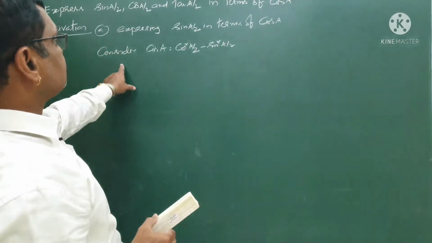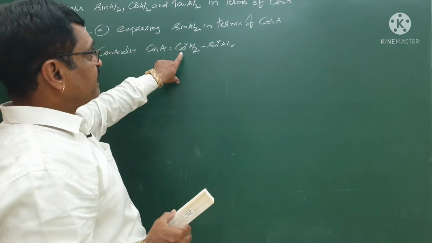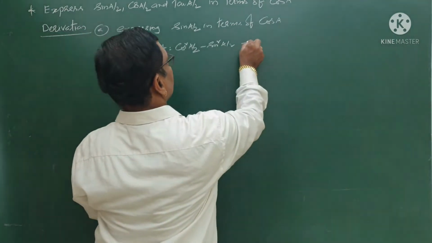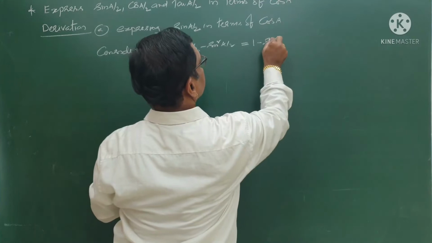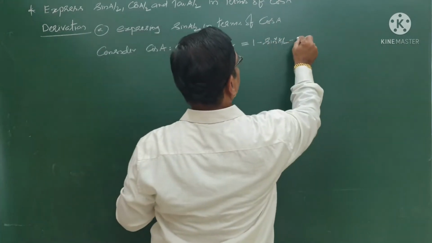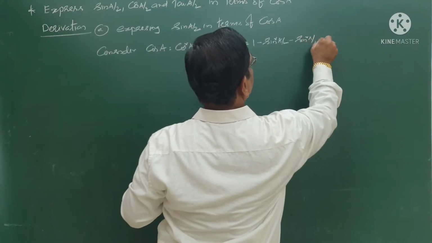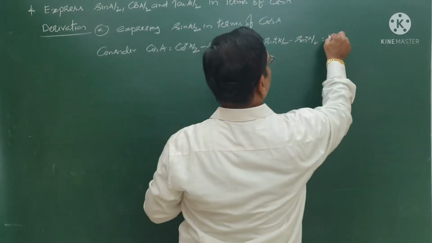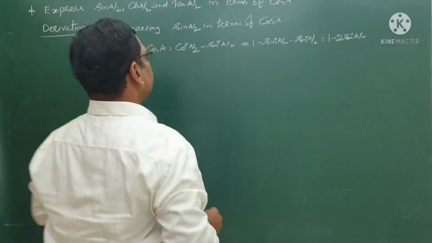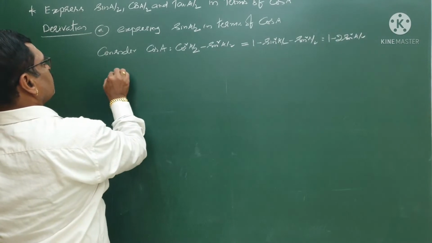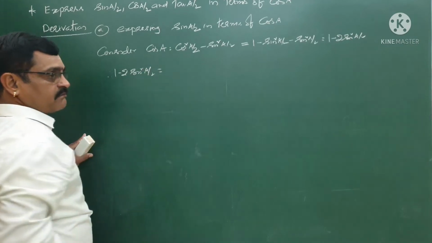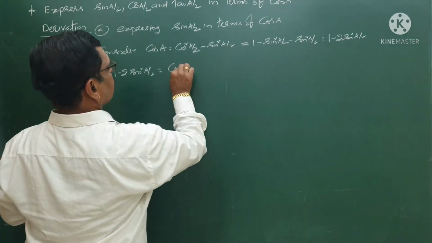I want sin A by 2, so I express cos square A by 2 in terms of sin square, the well known formula 1 minus sin square A by 2, minus sin square A by 2. So totally I have 1 minus 2 sin square A by 2. Therefore we have 1 minus 2 sin square A by 2 is equal to cos A.